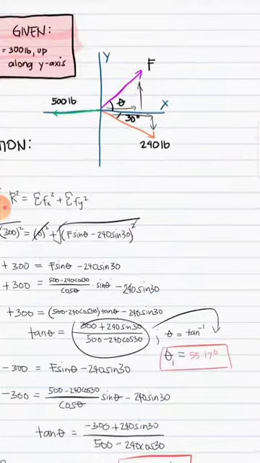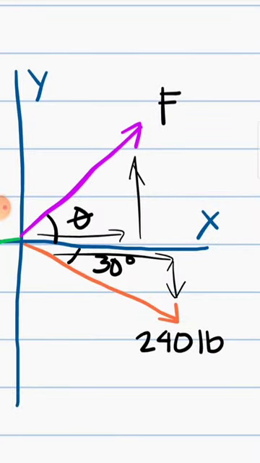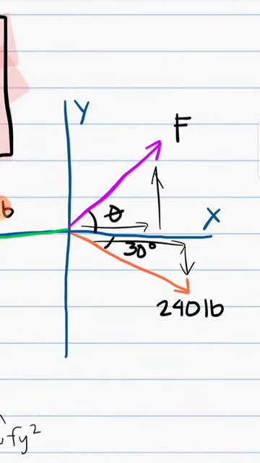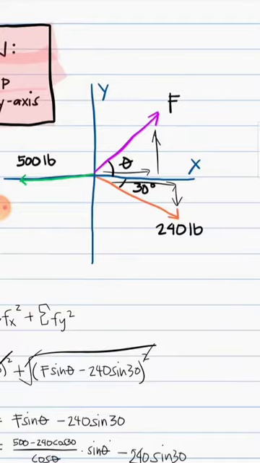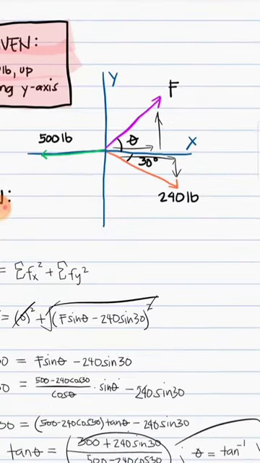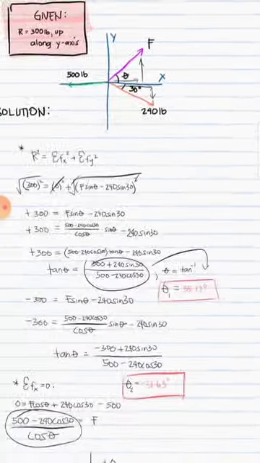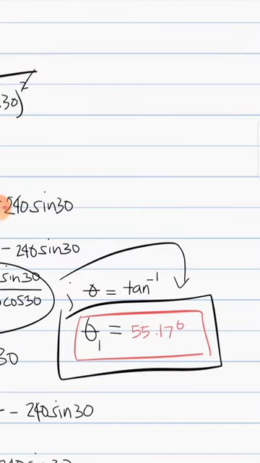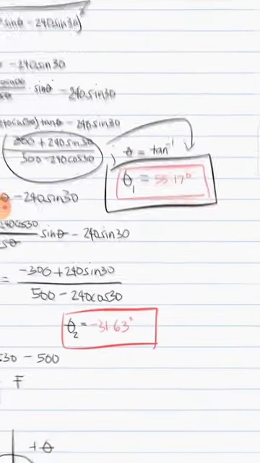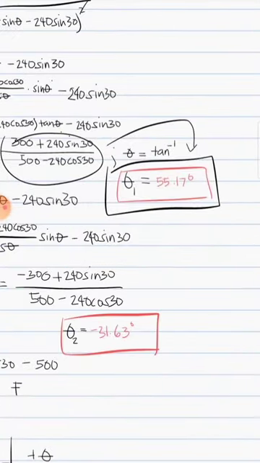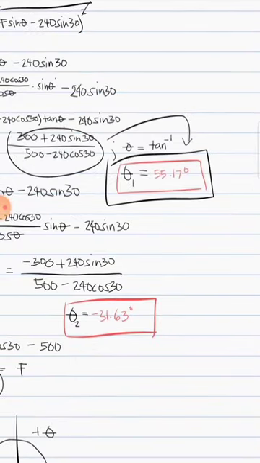And since, based on the given, we need to find the positive angle, because this is given to us by the illustration, we will use this root. Although the other is also correct, we will use this one because the illustration tells us that it's positive.